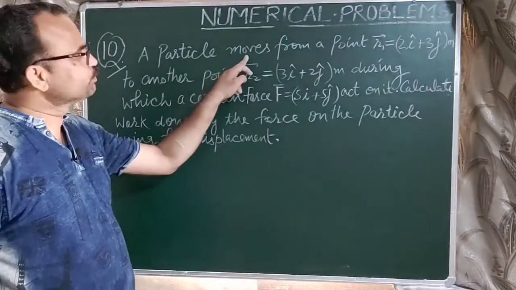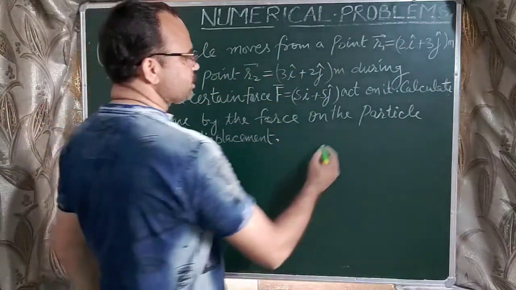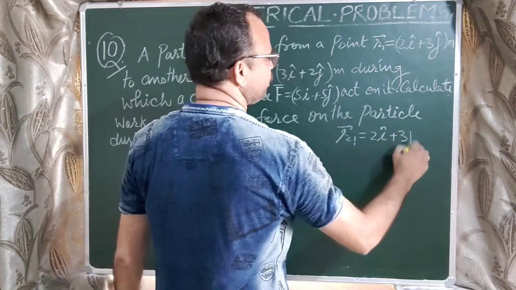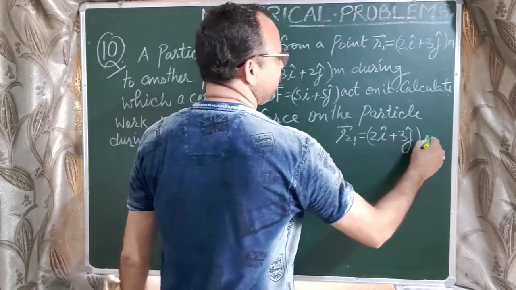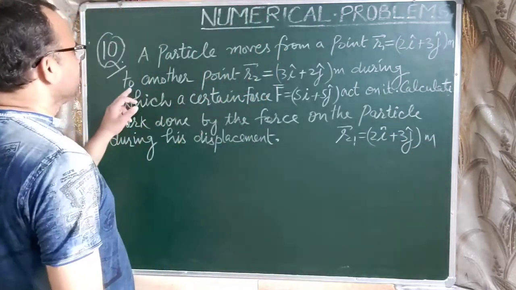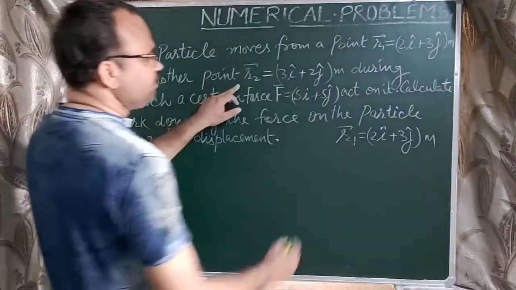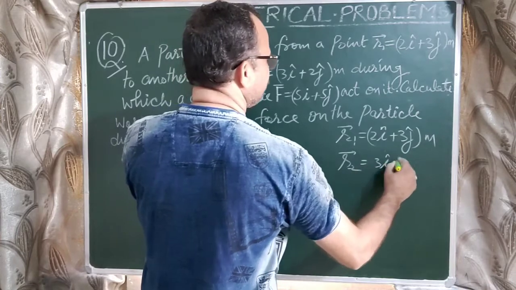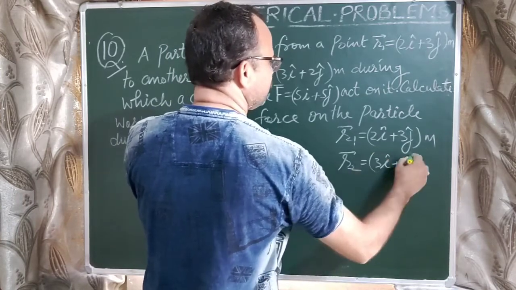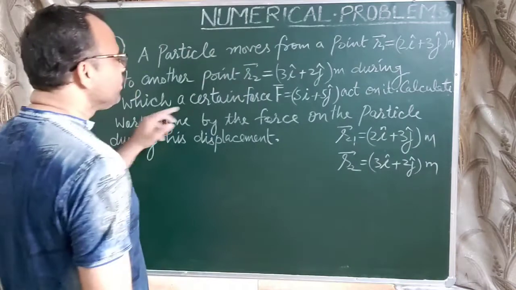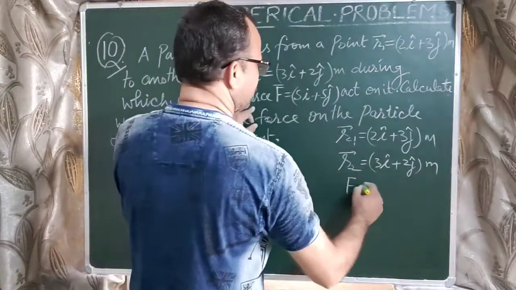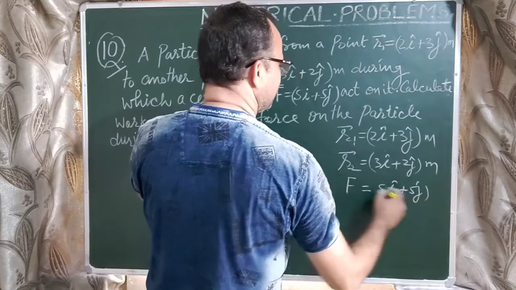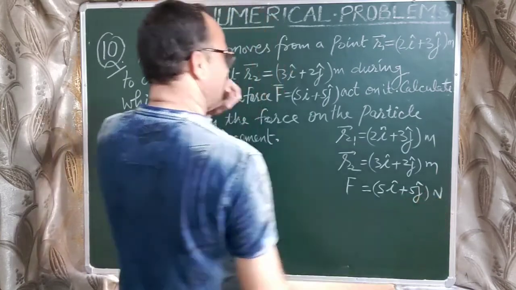So let us now note question number 10. A particle moves from a point R1 equal to 2i cap plus 3j cap, which is the initial position of the particle, to another point R2, the final position of the particle, 3i plus 2j meter, during which a certain force F acts over it, 5i cap plus 5j cap Newton.